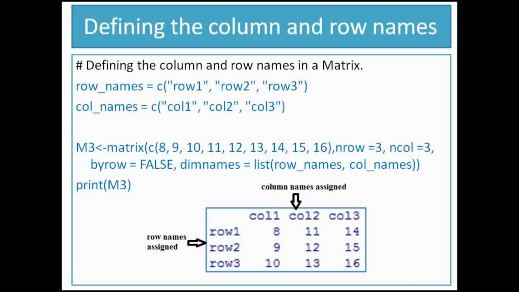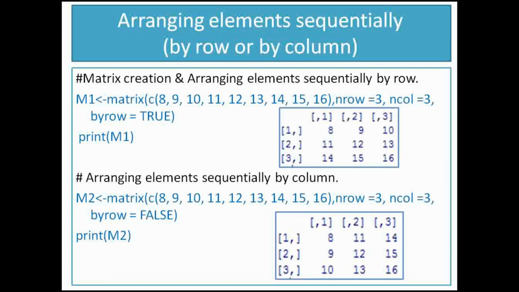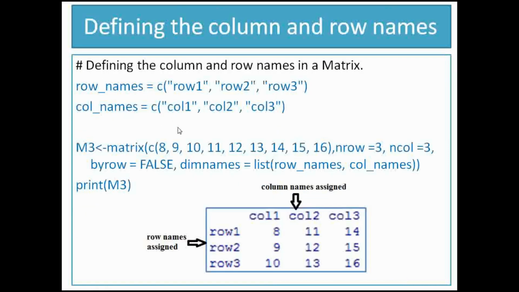Next, the meaning of the last parameter, dimnames. In the first two cases of creation of matrices M1 and M2, we have not mentioned the parameter dimnames. But in this current example, we want to assign names to both the rows and columns.